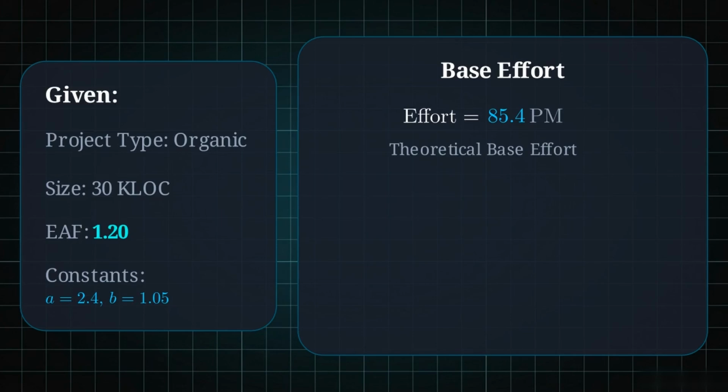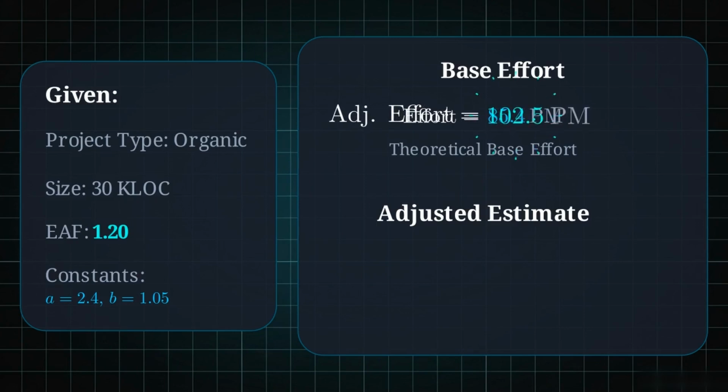But our project has an EAF of 1.20, meaning conditions are slightly worse than average. So we bring in our multiplier: we multiply 85.4 by 1.20. Our adjusted estimate jumps to 102.5 person-months. The specific constraints of this project added roughly 17 extra person-months of required effort to the baseline estimate.